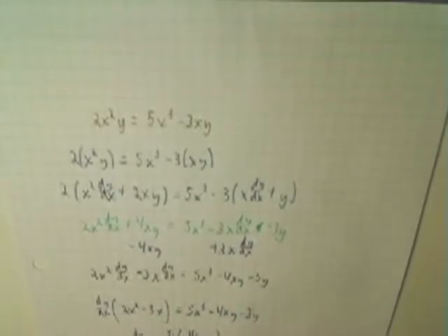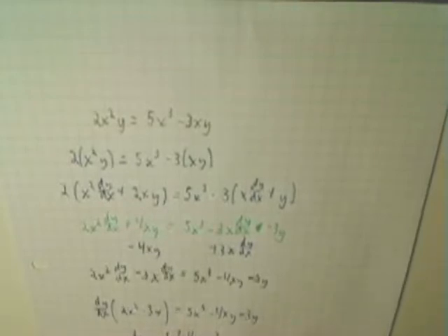So what are you left with? 5x to the third minus 4xy minus 3y all over 2x squared minus 3x.